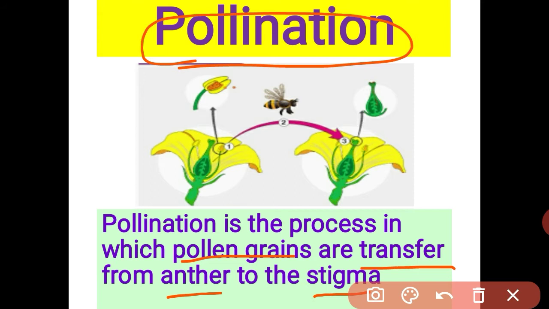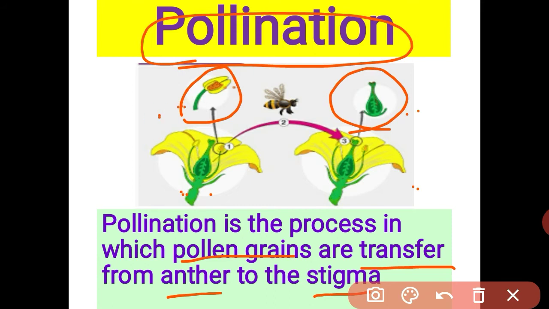See, this is the male flower because it contains only anther, and this is the female flower because it contains only ovules, ovaries. This part is called the carpel, and this part is called the stamen.